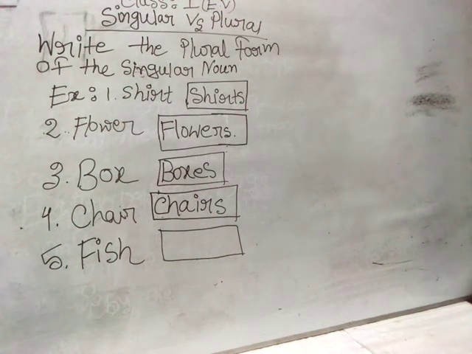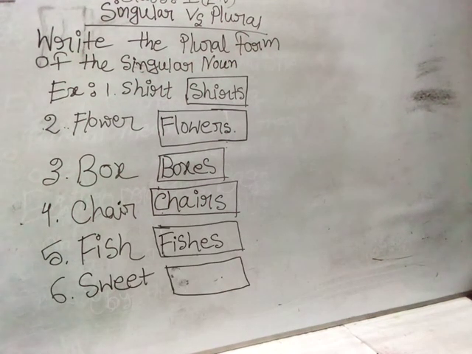Now, another word that takes ES to make the plural form is fish, F-I-S-H. Do you know what's the plural form of fish? Guess the spelling: fishes. What would be the spelling for fishes? F-I-S-H, then E-S, not only S. You need to put ES also.